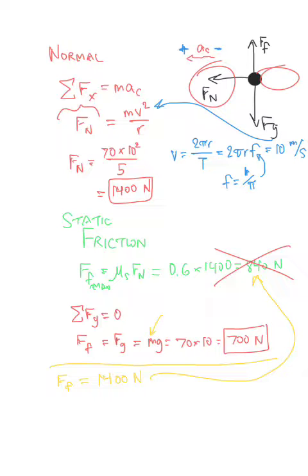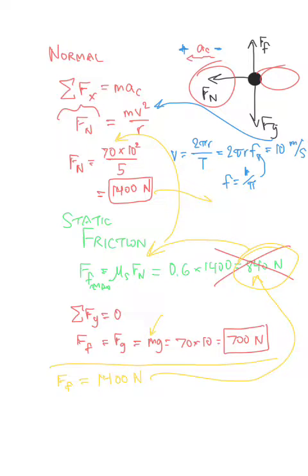But what you have to remember is that this number, the 840 newtons, depended on the normal force, and the normal force up here depended on the mass. So if the person's mass were doubled, they would actually have twice as much normal force.